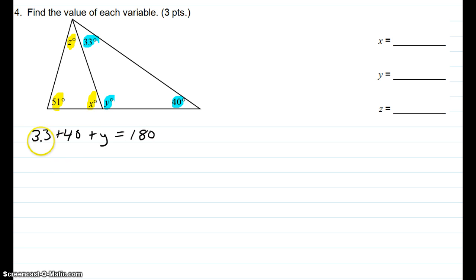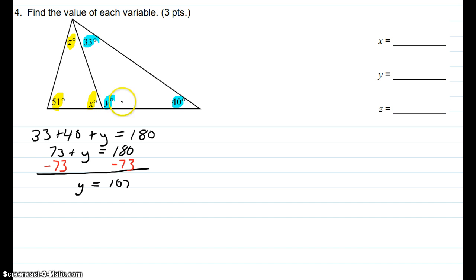And so now we just solve. 33 and 40 make 73. To solve that, we subtract 73 from both sides. And so we get y equals 107. So that means this angle right here is 107 degrees.